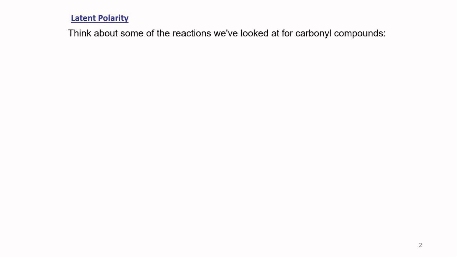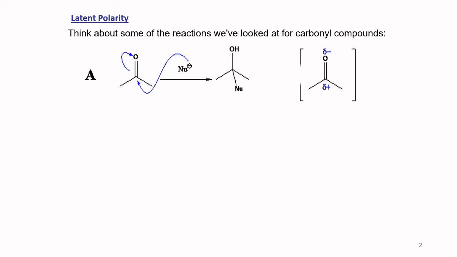When we talk about latent polarity, we need to think about some of the reactions that we have looked at for carbonyl compounds. The first kind of reaction of carbonyl compounds is nucleophilic addition.